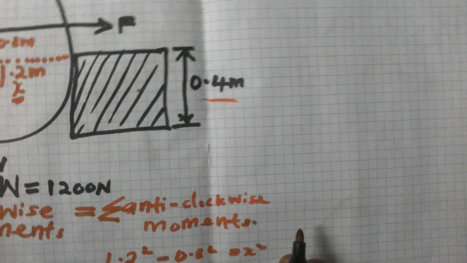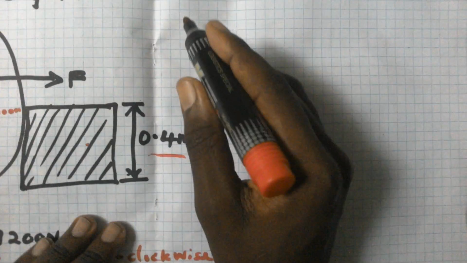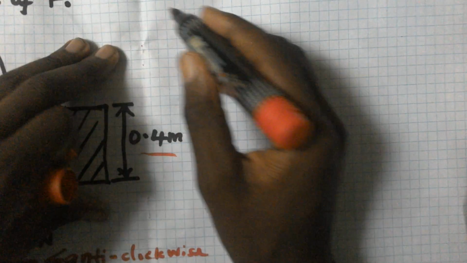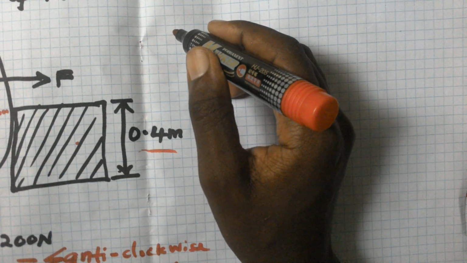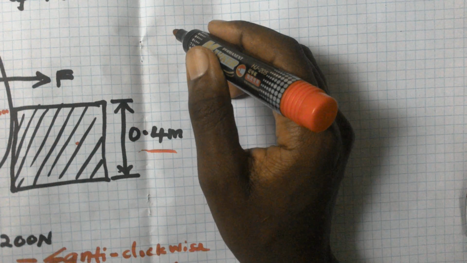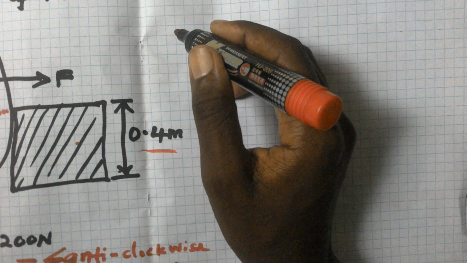So in moments, you know that the sum of clockwise moments must be equal to the sum of anticlockwise moments. So you need to identify where the anticlockwise moment is and where the clockwise moment is. Is it okay?